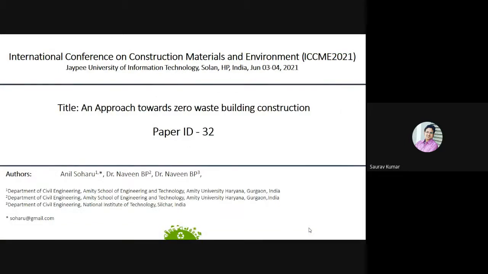First question that has been raised: are there some specific materials which you can use for zero waste? If you can name some specific materials. There are many, I am even doing research on this.